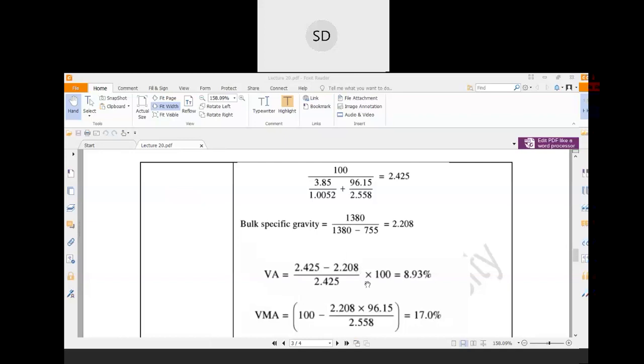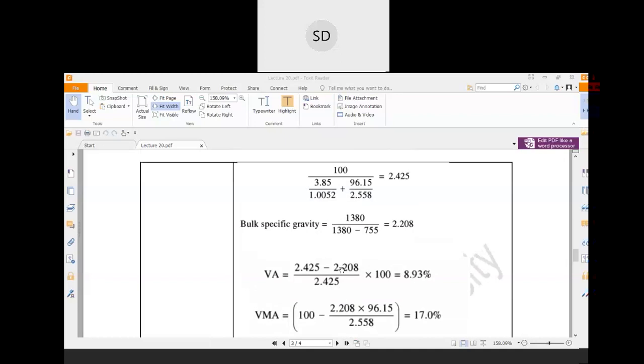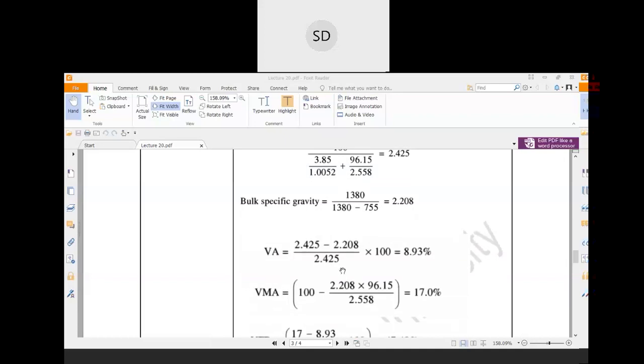Now the air voids present in the mix can be calculated using this formula: the theoretical maximum specific gravity of the mix minus the bulk specific gravity of the mix, divided by the theoretical maximum specific gravity of the mix, into 100%. In the theoretical maximum specific gravity, you are not considering the air voids present in the mix.